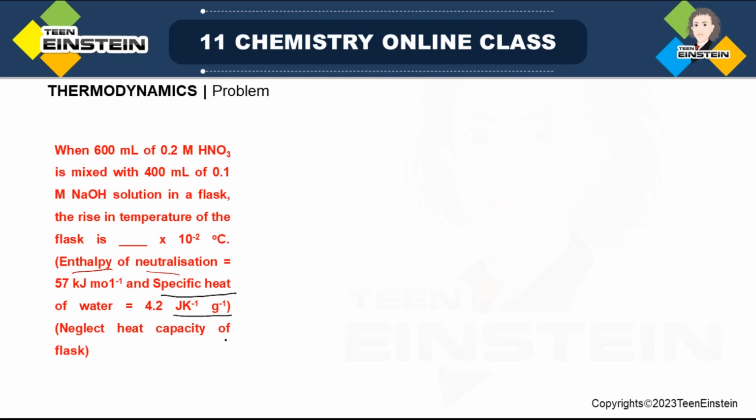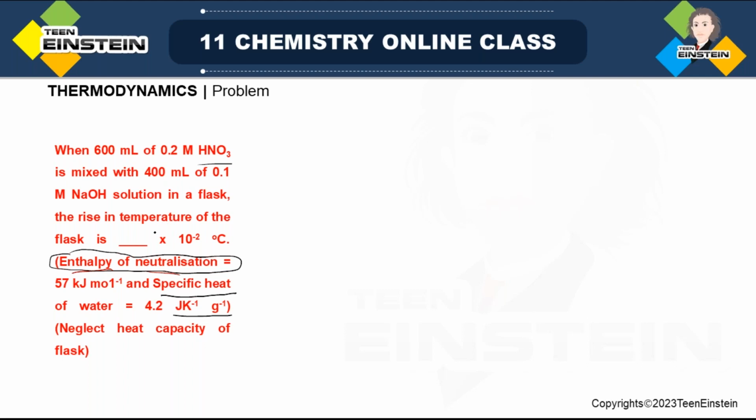So that is why I'm discussing it now, because the heat of neutralization part we have finished. This problem is basically combining both concepts, enthalpy of neutralization and specific heat capacity. So it is saying that 600 ml of 0.2 molar nitric acid you are mixing with 400 ml of 0.1 molar sodium hydroxide in a flask.